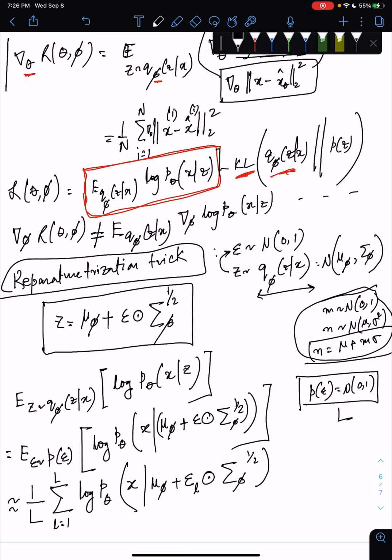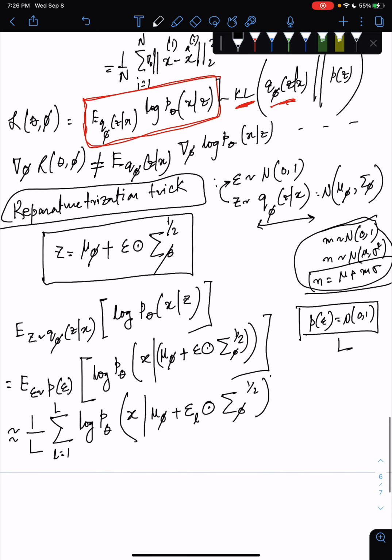Now we can take the derivative, because you may ask me where do you want to take the derivative. When you have this x given this thing, this first term, let me write it for you.